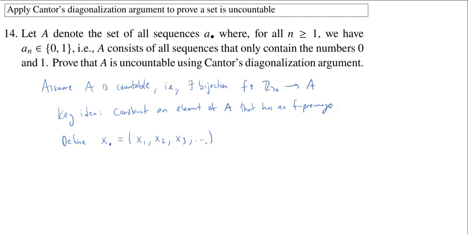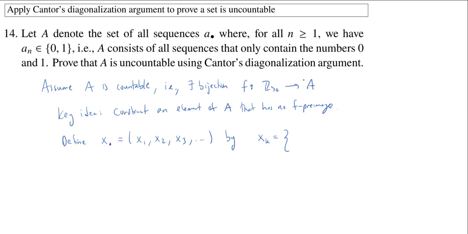How are we going to define it? I want to define x_k in two different ways. It's going to depend on what the value is when I look at certain terms of A.